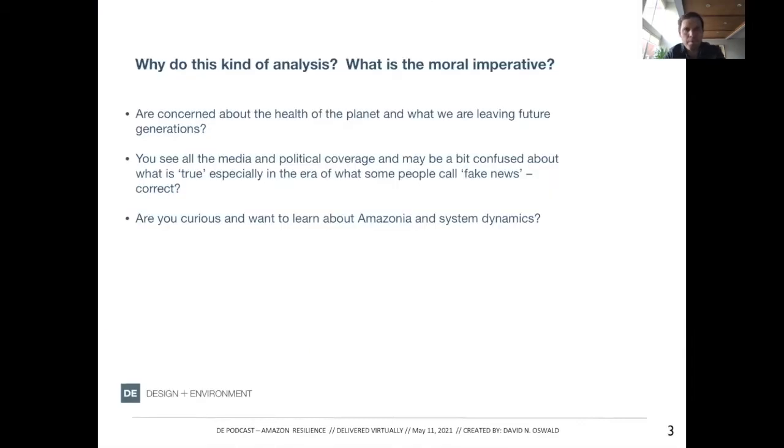analysis of Amazonia. So why do we do this kind of analysis, and what's the moral imperative? So for one, a concern about the planet and the future generations. That's one moral imperative for doing this kind of work. You also see in the media and political coverage various different types of stories.